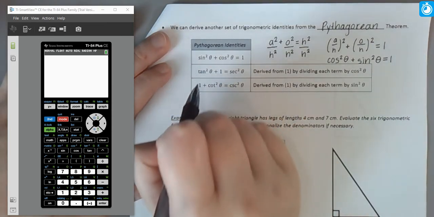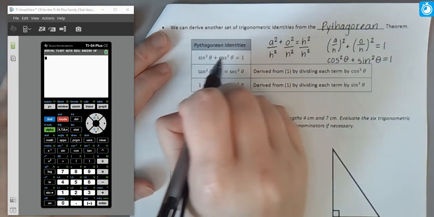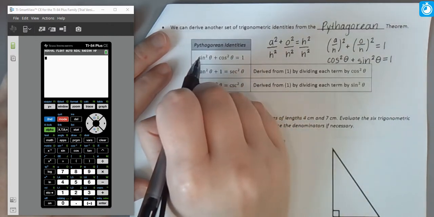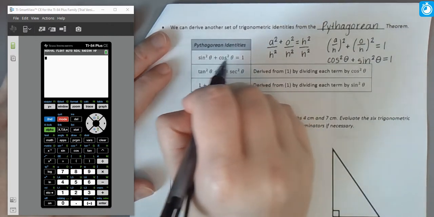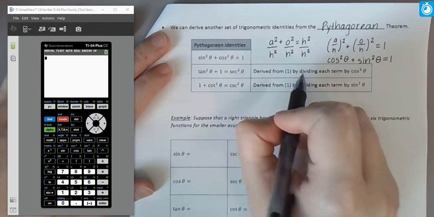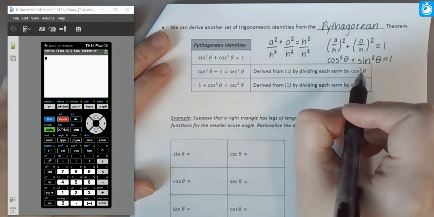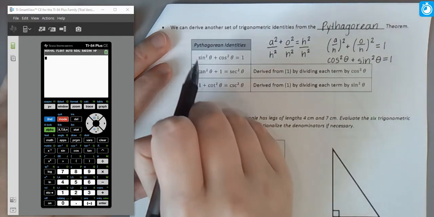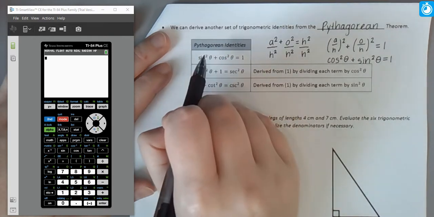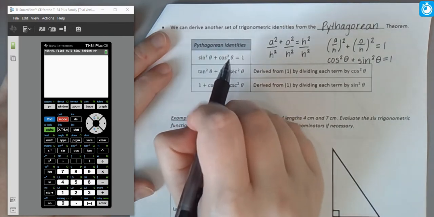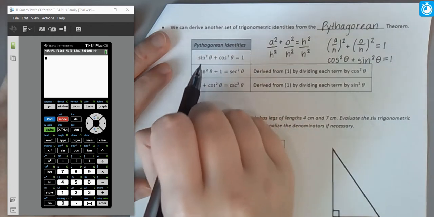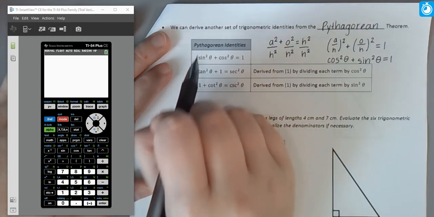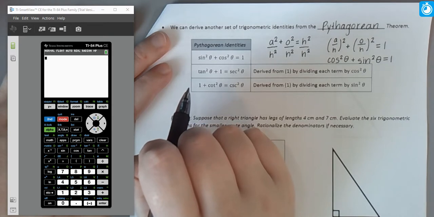Now we also have 2 other Pythagorean identities that are directly related to this original one. So if you were to take this original identity and divide each term by cosine squared, that will give you this particular identity. So imagine taking this identity and dividing all 3 terms by cosine squared. Well, sine squared over cosine squared, sine over cosine was another way of defining tangent.